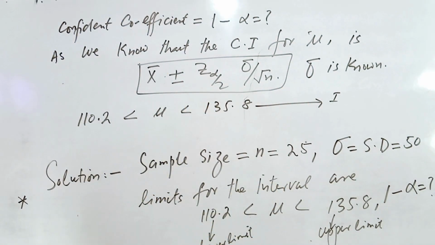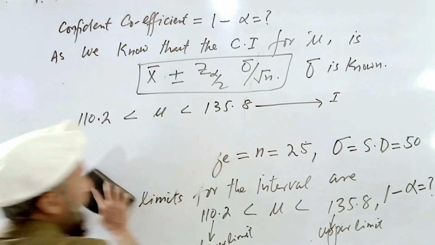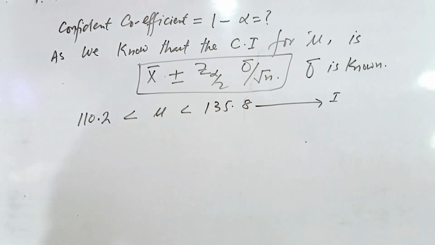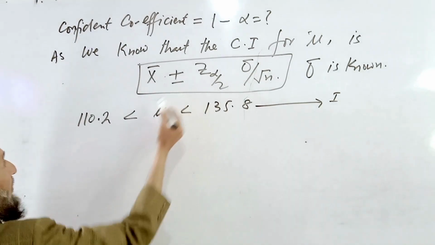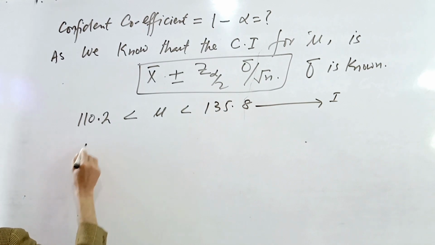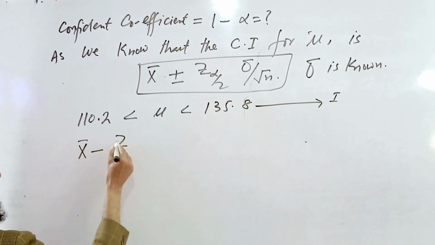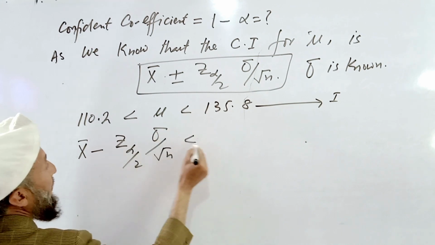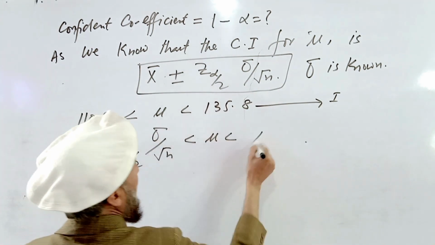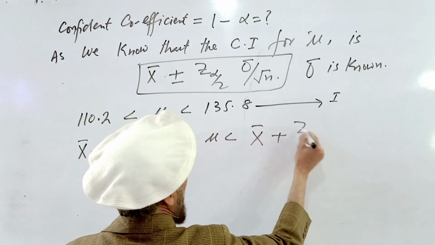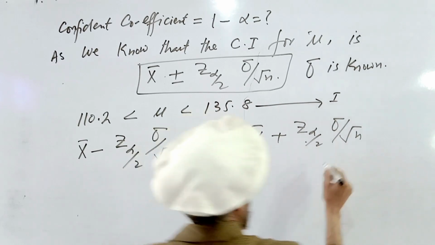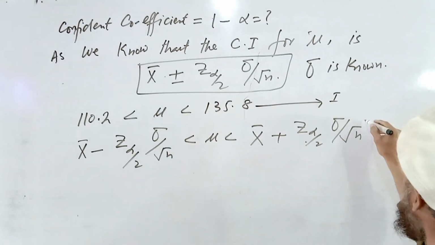How do we calculate the value of 1 minus alpha? First of all, we write the interval in the form: x bar minus z alpha by 2 sigma root n less than mu less than x bar plus z alpha by 2 sigma root n. We give this equation number second.